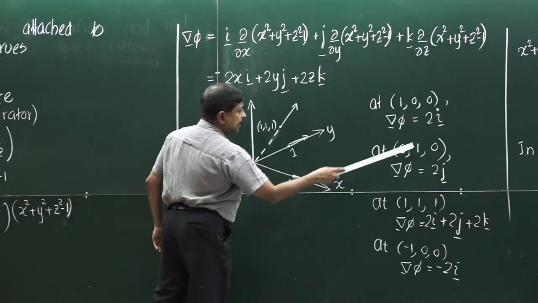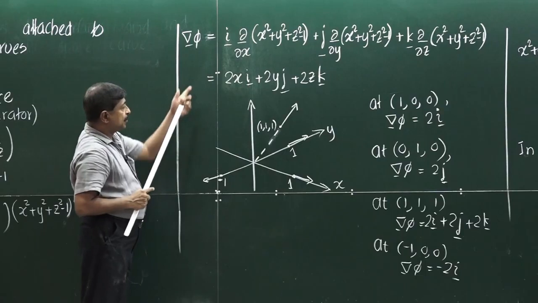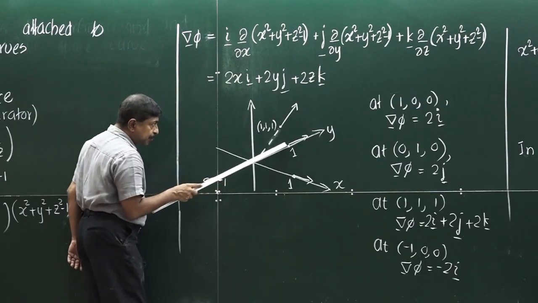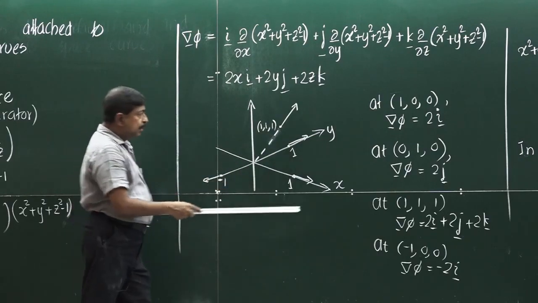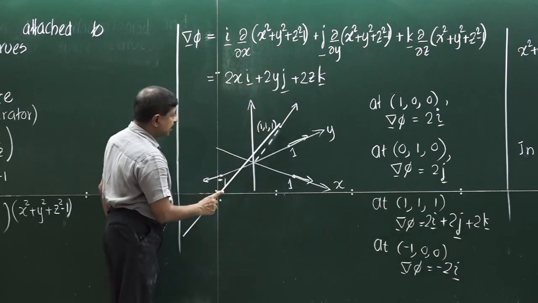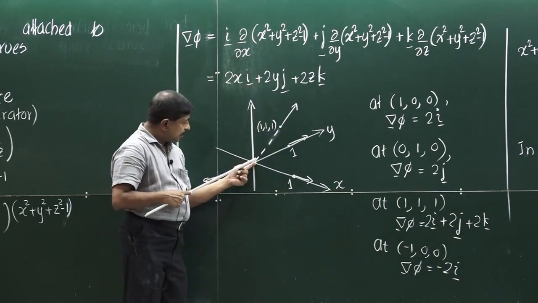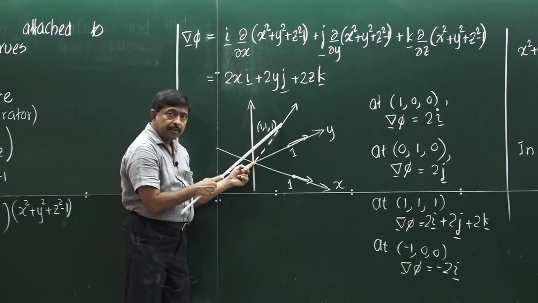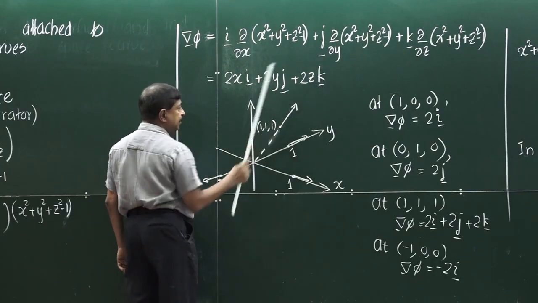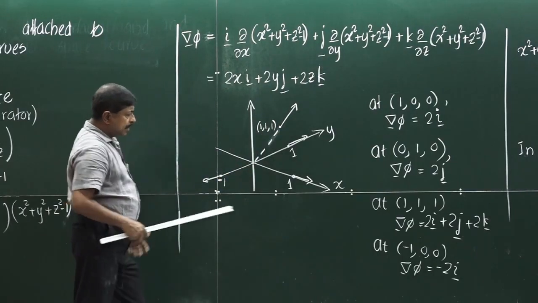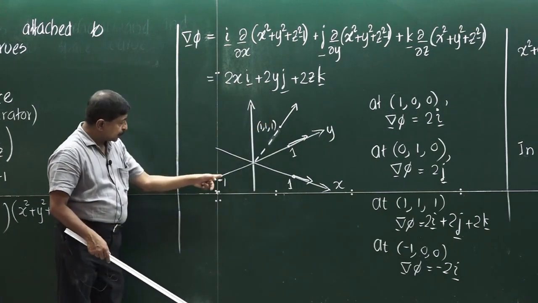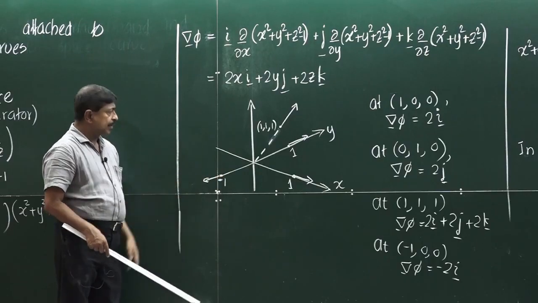If you plug in these values, you get grad phi equal to 2j, in the positive direction of y. Similarly, at 1 1 1, you get 2i plus 2j plus 2k. Again, the vector is directed from the origin, pointing in this direction. Similarly, at minus 1 0 0, you get minus 2i, in the negative direction of the x axis.